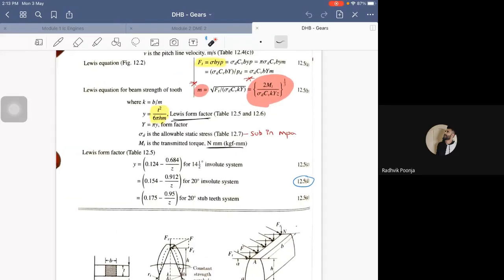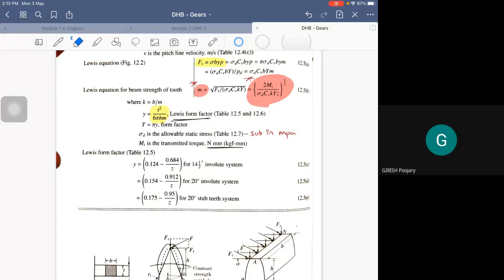So here it is. Which equation should I take here? 12.5C or 12.5D or 12.5E? 12.5D. D or E? D.